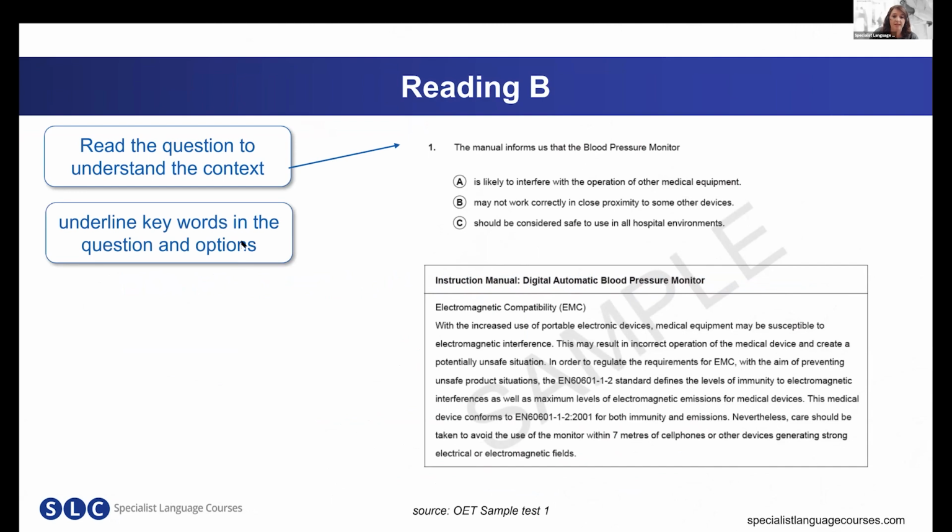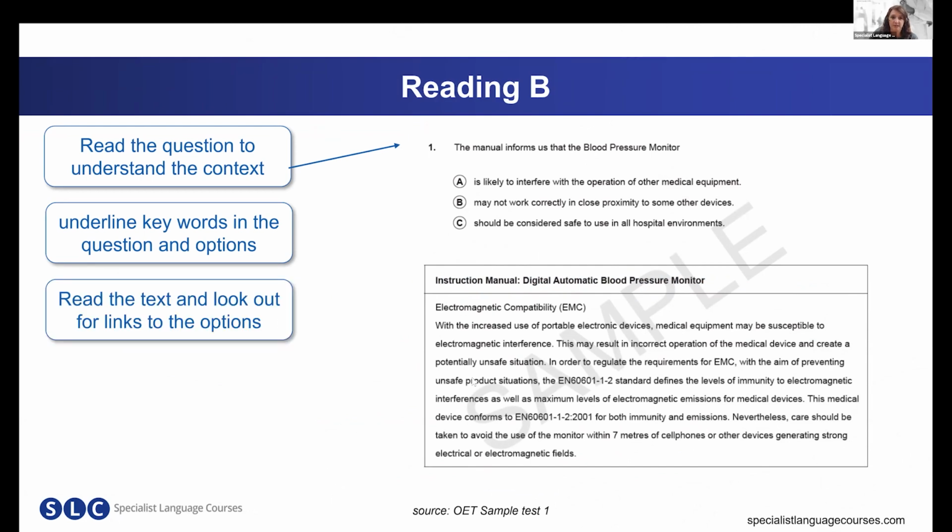You underline keywords in the question and the options. Now, remember, the keywords are words that are going to help you to find the answer quickly and efficiently, but you're not always scanning for direct synonyms and paraphrasing of individual words. Remember, Reading B is about the main purpose and the main idea.